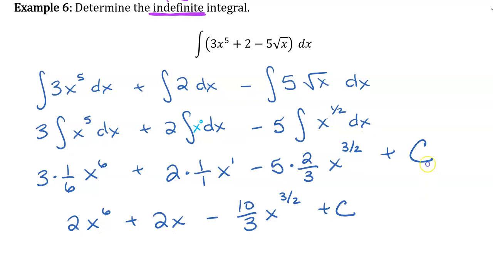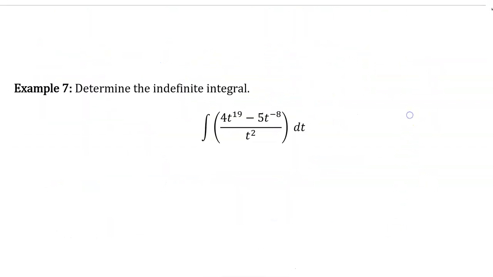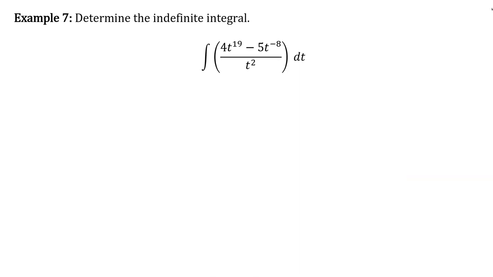Let's do another one. Okay, so now that we know the basics of integration, we're getting into some of the details. Trying to figure out the integral form of the quotient rule for derivatives is not nearly as easy as you wish it was. So instead, we're going to simplify this, if we can.